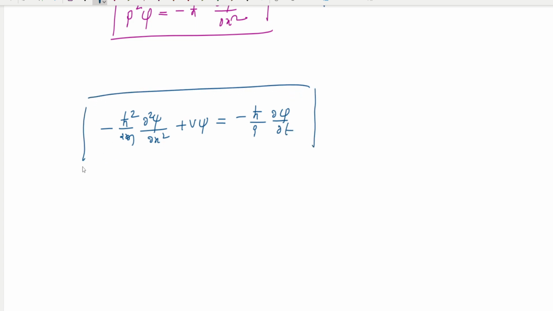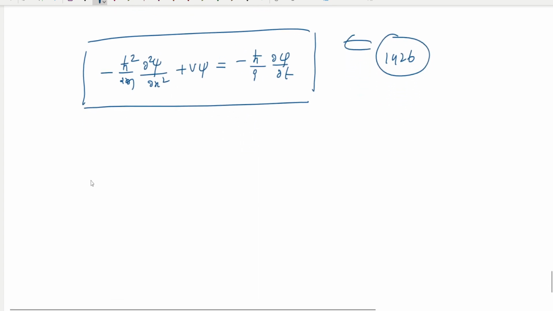Then we can arrange this Schrodinger equation according to textbooks. This Schrodinger equation was first derived in 1926. So in 1926, Schrodinger derived this equation.